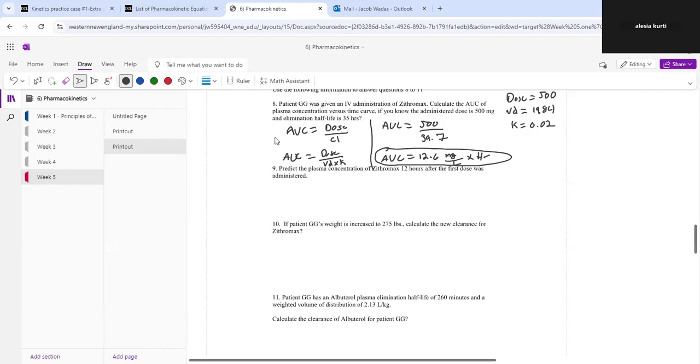We already used that equation today, so that's your hint. Look at your chart, figure out which one says initial concentration equals something, using the dose of 500.